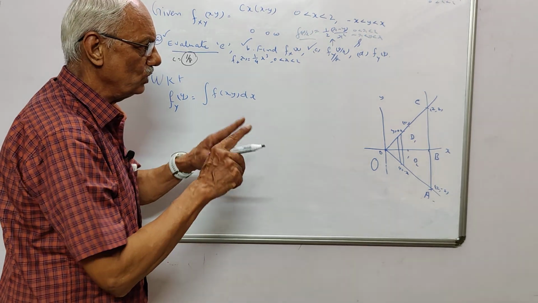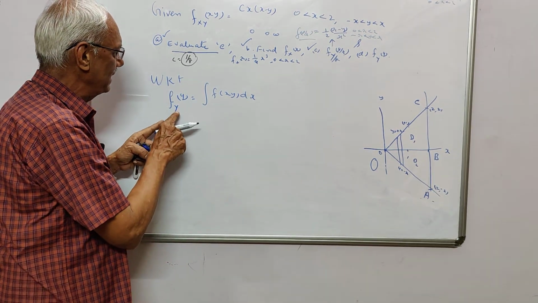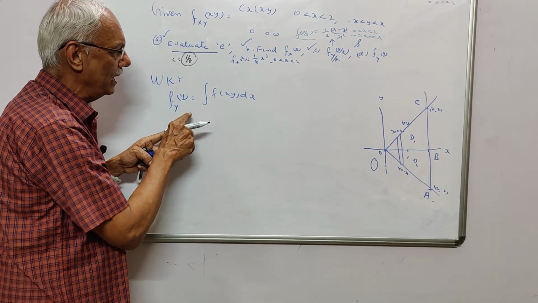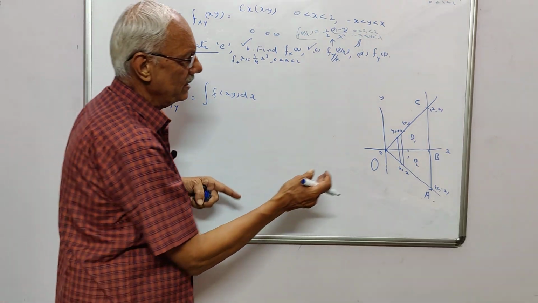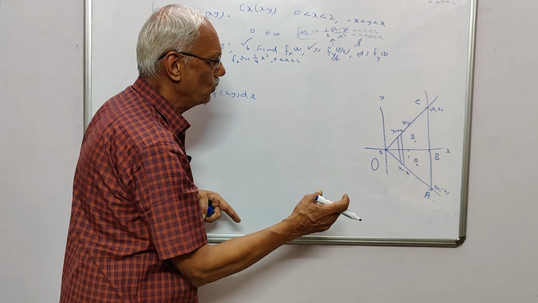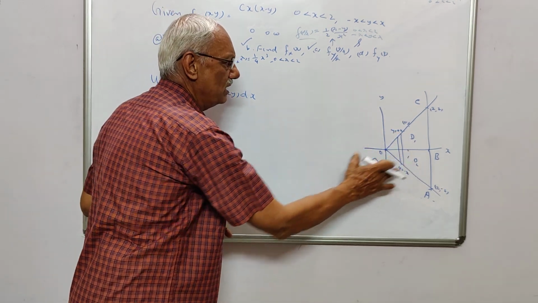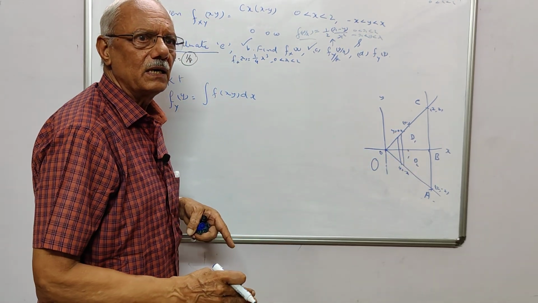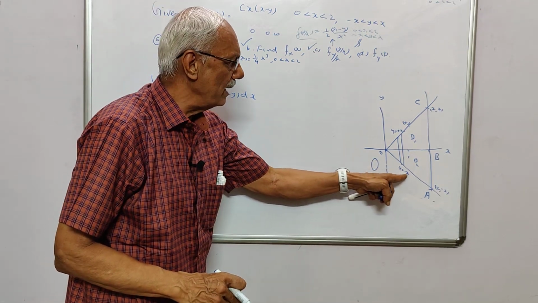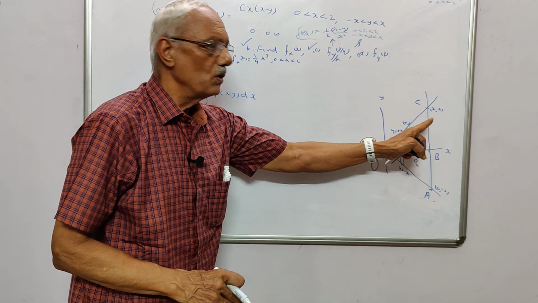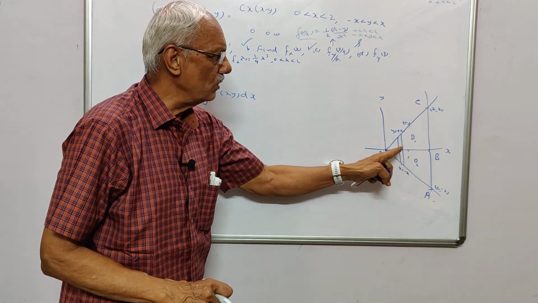I will split it into d1 and d2, and this f y of y, that means the marginal density function of y, has to be found in the domains d1 and d2. Unlike the marginal density function of x, which could be got by just taking minus x to plus x throughout, here it is not like that.